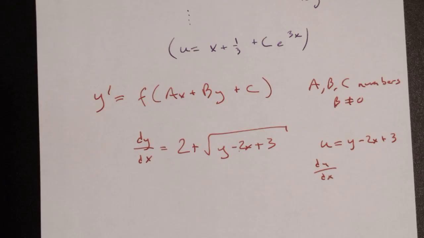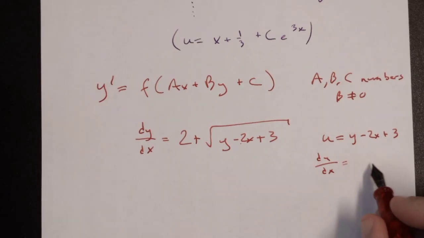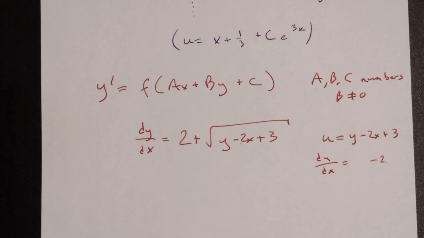I'm still using x as my independent variable. But wait, there's more. There's no u on this side. Here, I need that dy dx.